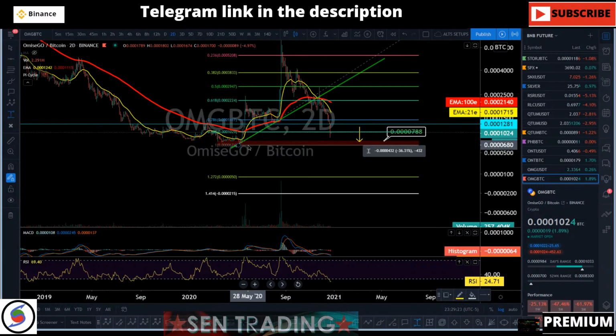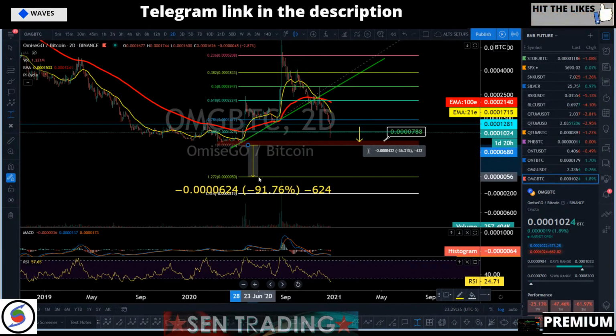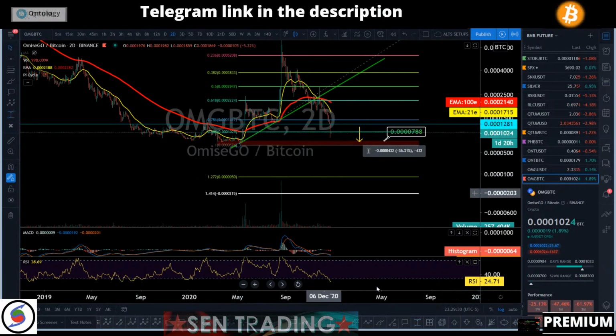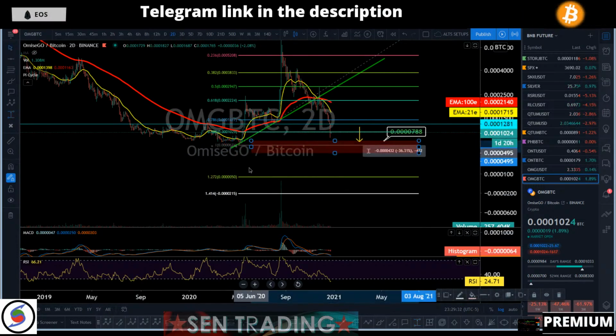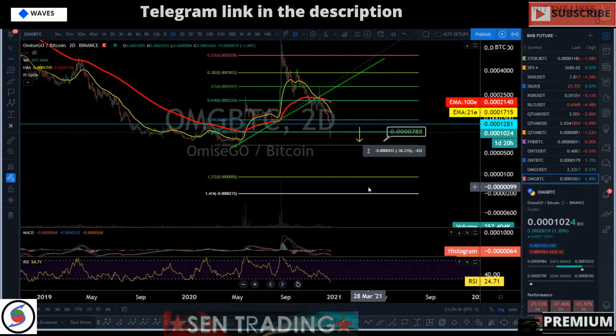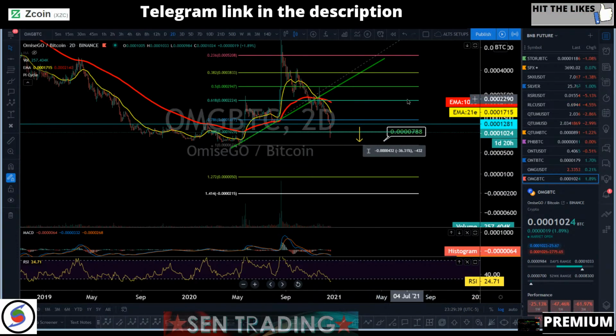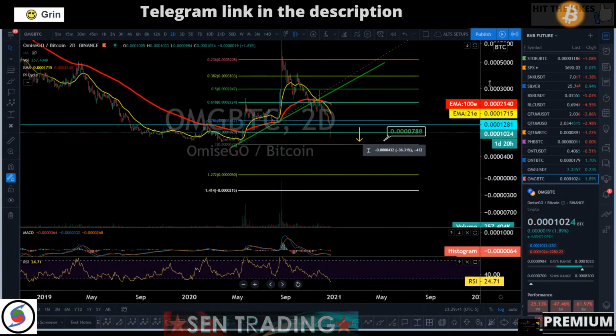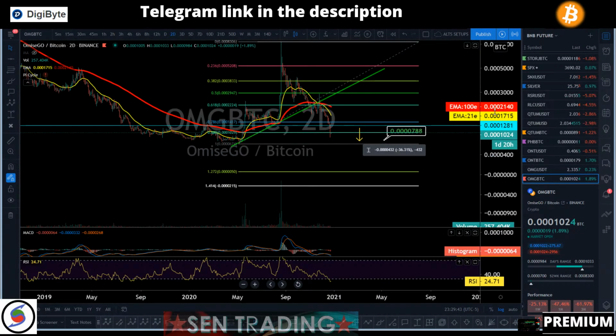If we break the support area, it could drop 90% versus BTC, because we just don't have any support below it. Most of the time what I do is look for 1.27 to 1.41, and right now it is 10,000. Right now it's 10,000 to 500. That's a 95% drop, right?